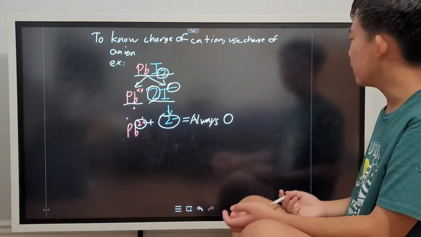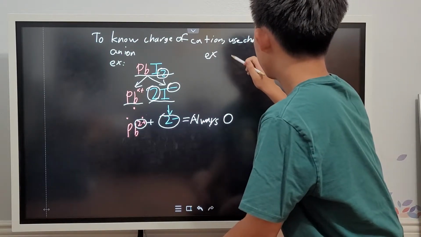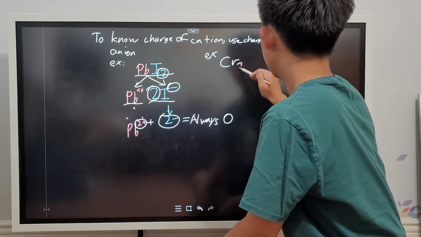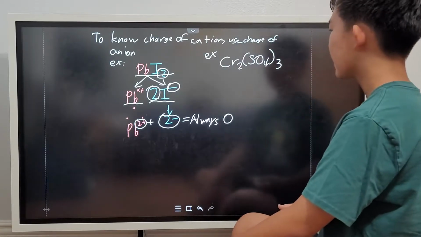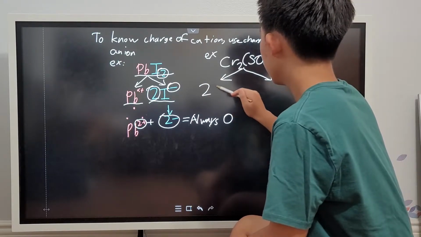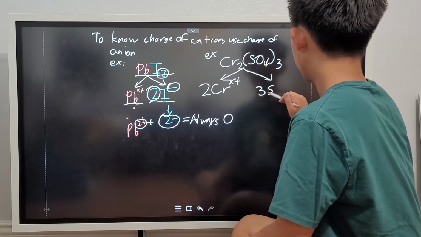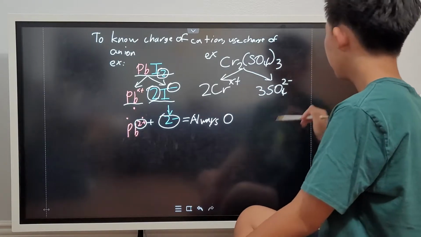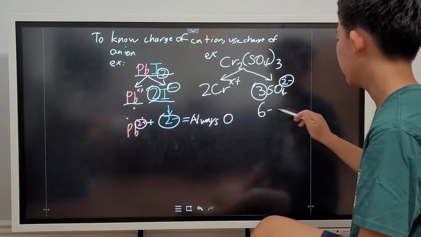But what if it's something a little more complex? For instance, let's say we have chromium sulfate. We don't know the oxidation state of chromium. Again, we have to split up our molecule. So 2 chromium X plus and 3 sulfate 2 minus. You can see 3 times negative 2 is logically negative 6.